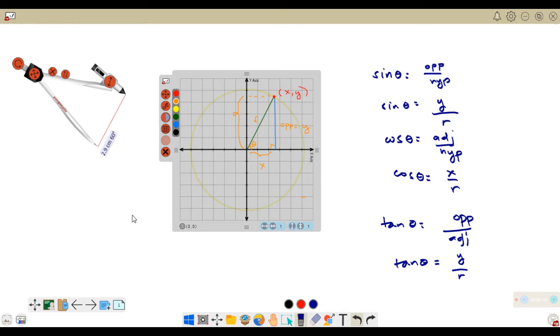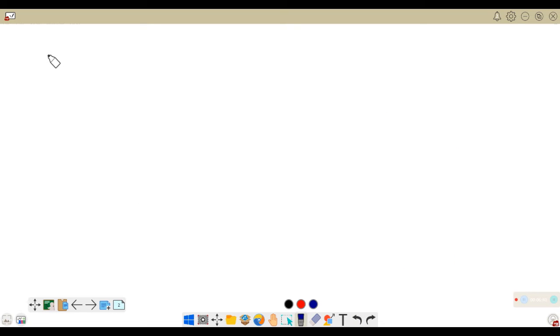lagay lang ako ng panibagong sheet. So, this is sine theta, cosine theta, and tangent theta. Tapos, dito sa kalapit nila, lagay natin yung mga reciprocals. So, cosecant theta, secant theta, and cotangent theta. This is y over r, x over r, and y over x.